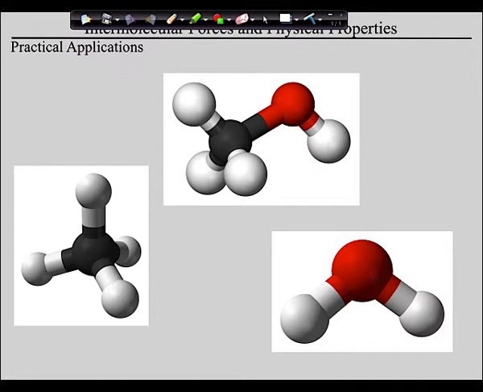So this is CH4, this is CH3OH, and then this, of course, is water. Now, guys, it's up to you how you handle this. If you want to try to sketch these, that's totally fine. If you'd rather draw the Lewis dot structures, that's fine. But you need these 3 molecules in your notes, make them big, and then draw in their polarity arrows.